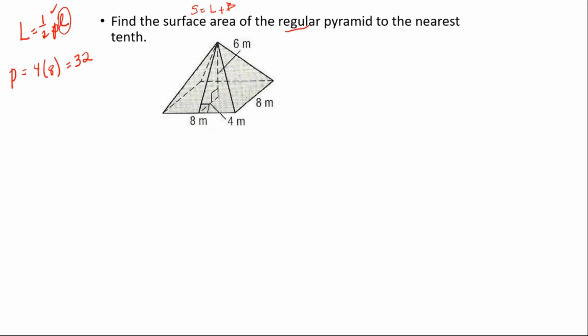This one is a little tricky. It is tricky. But slant height is right here. Right there. If I could draw, they didn't give a number to it, but the one I'm highlighting is the line is the slant height.